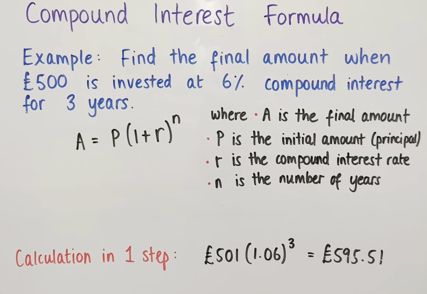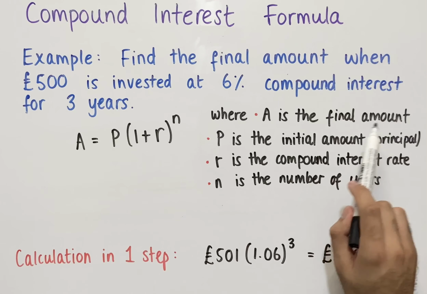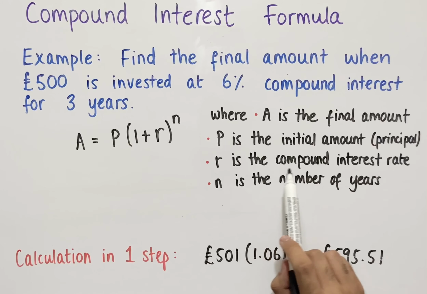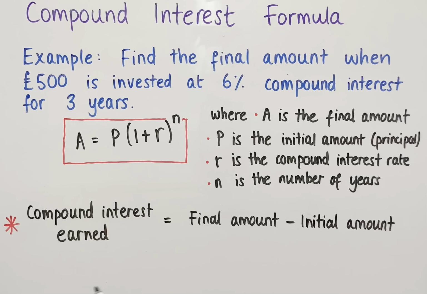Therefore, to work out the final amount of an investment that is based on compound interest, we can use the following formula. So A is the final amount, P is the initial amount or the principal, R is the compound interest rate. This could be a percentage or a decimal, and n is the number of years. And like we saw before, the compound interest earned is equal to the final amount minus the initial amount.